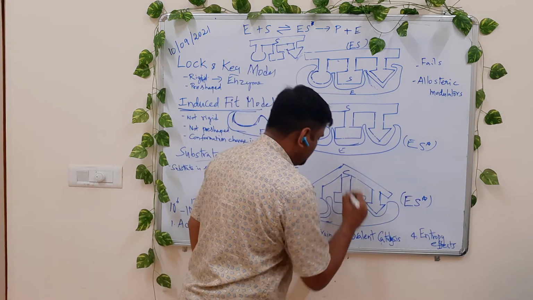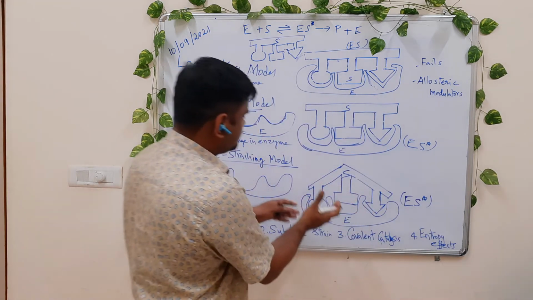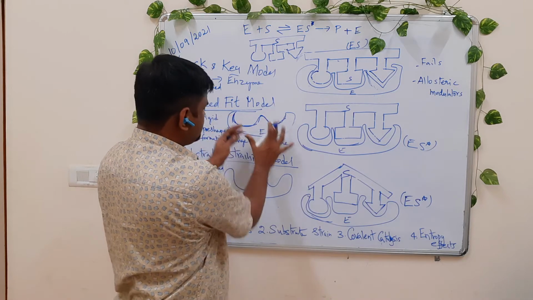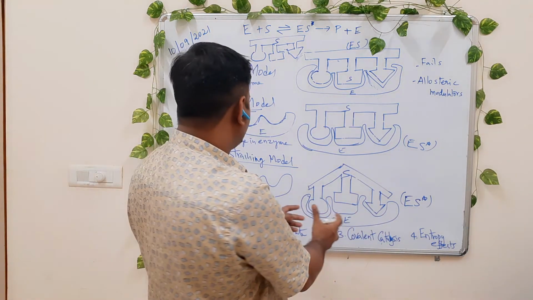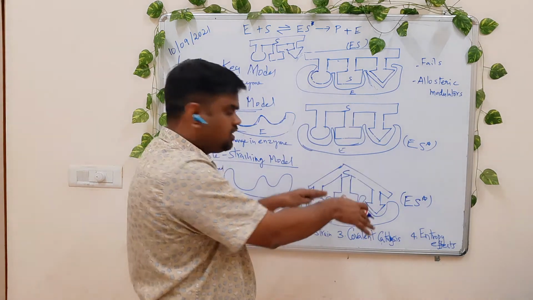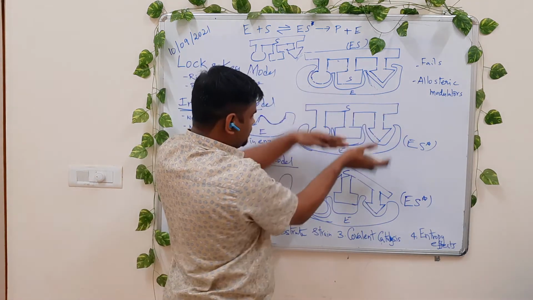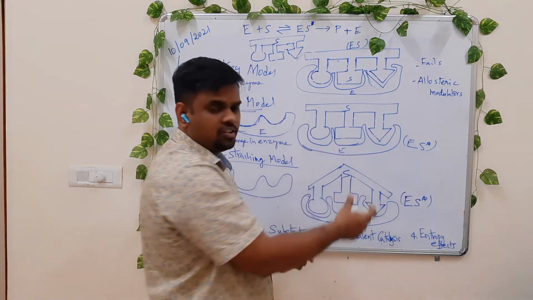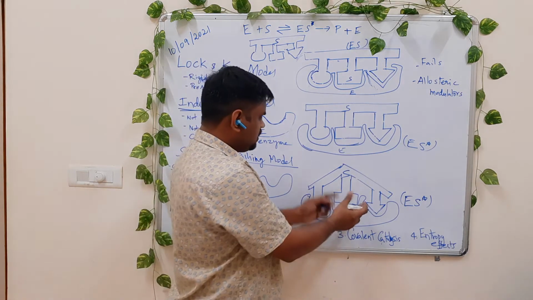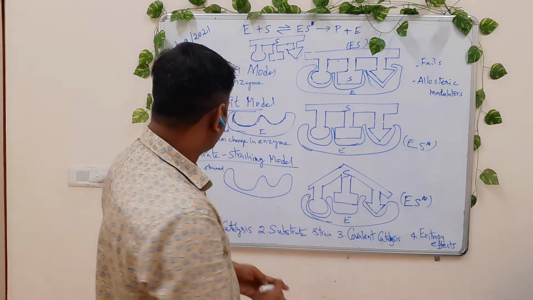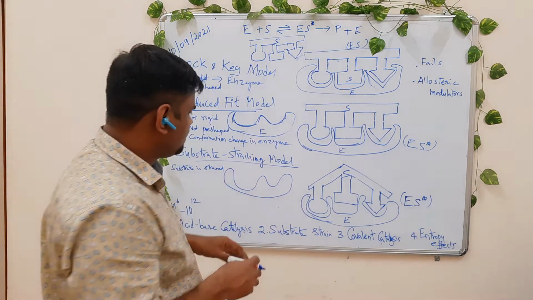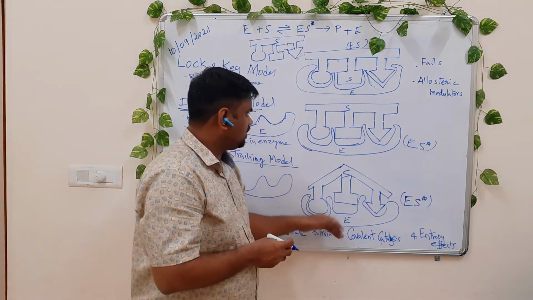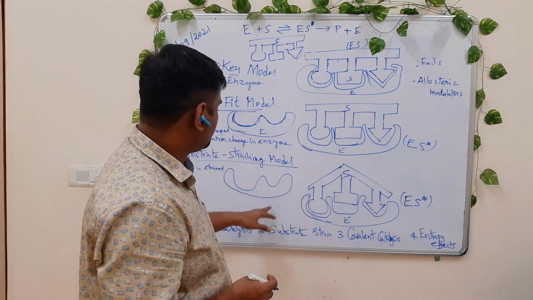It's not only that the enzyme is not rigid, even the substrate is strained, and you can say the stripe became bent, to denote that there is some bend. So in the substrate straining model, the substrate is strained to fit into the enzyme. The induced fit model is already there in this one.